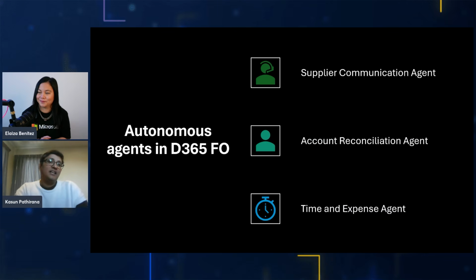So let's move into the autonomous agents. So we have 3 autonomous agents, pretty much. Supply communication agent. That gives Dynamics 365 supply chain management the ability to automate routine vendor communication. Normally, they would have a lot of back and forth email communication with the vendors, but this helps you read and interpret vendor emails and update the purchase orders with changes.